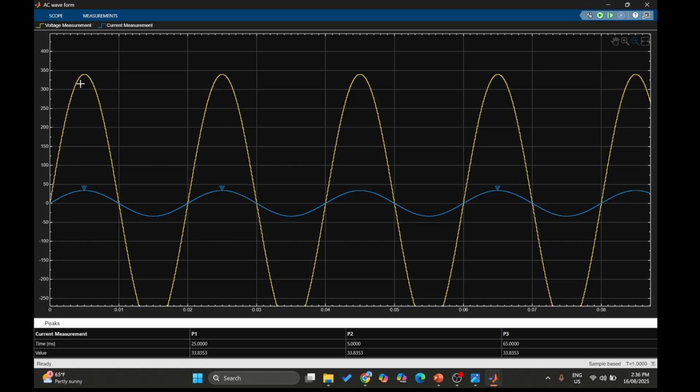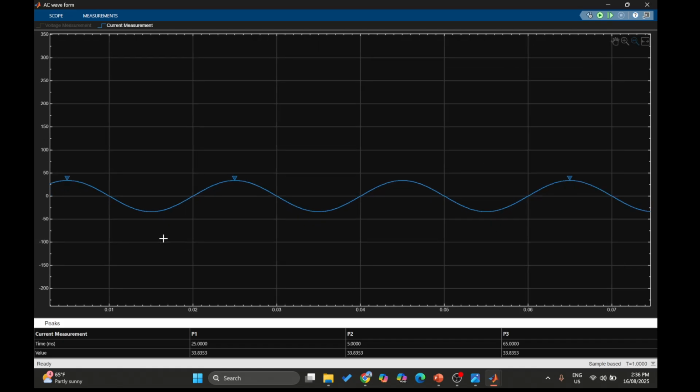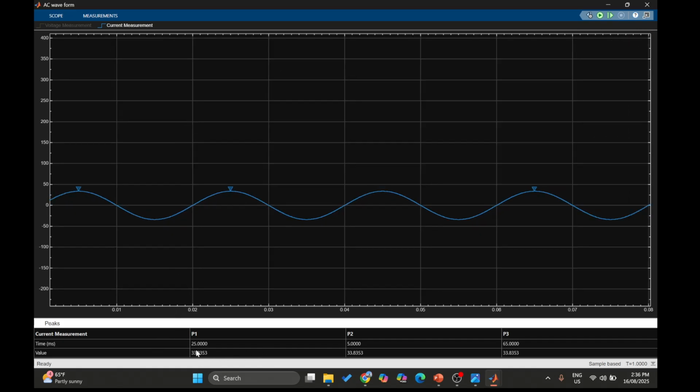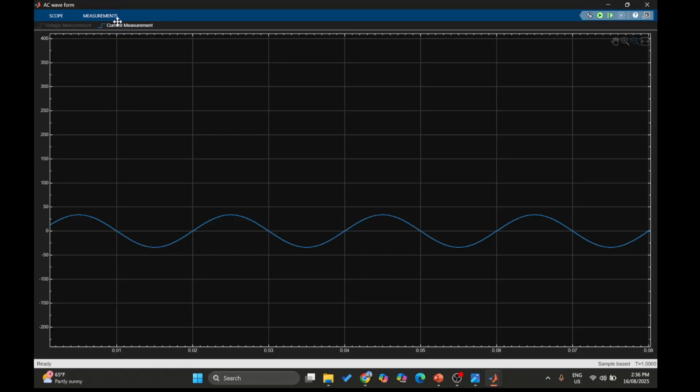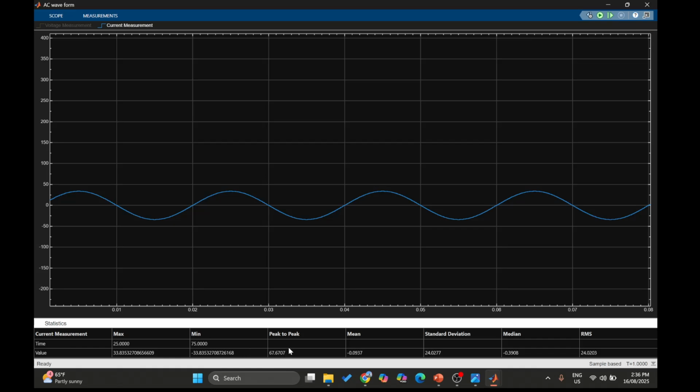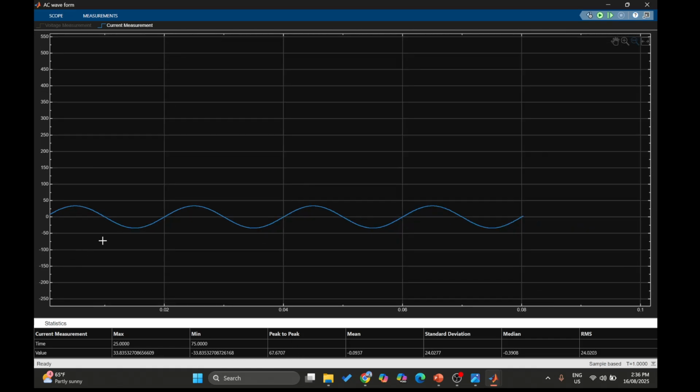Firstly, the current measurement. In the current measurement, the peak current is 33 amps. It's not 33 amps. Wait.